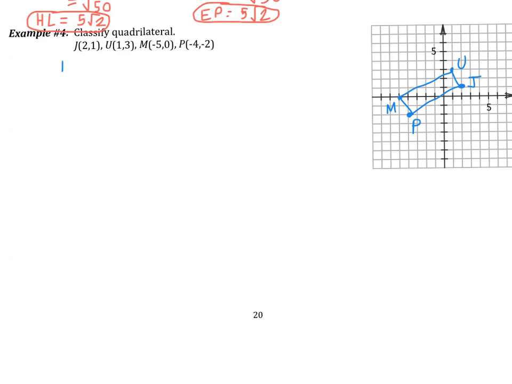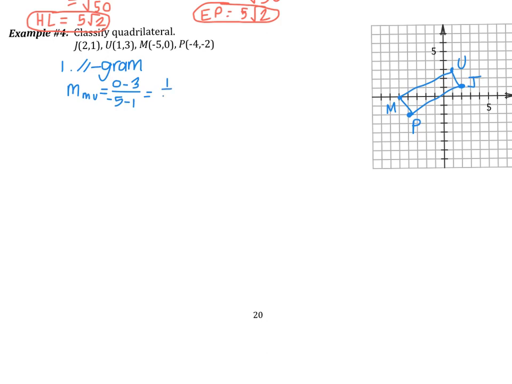My first thing is proving it's a parallelogram. There's 6 ways to prove it. I'm going to prove opposite sides parallel. I'm choosing that. There's no rhyme or reason why. I'm going to prove it though. So my slopes, take a moment, get your slopes. MU: -3 over -6.